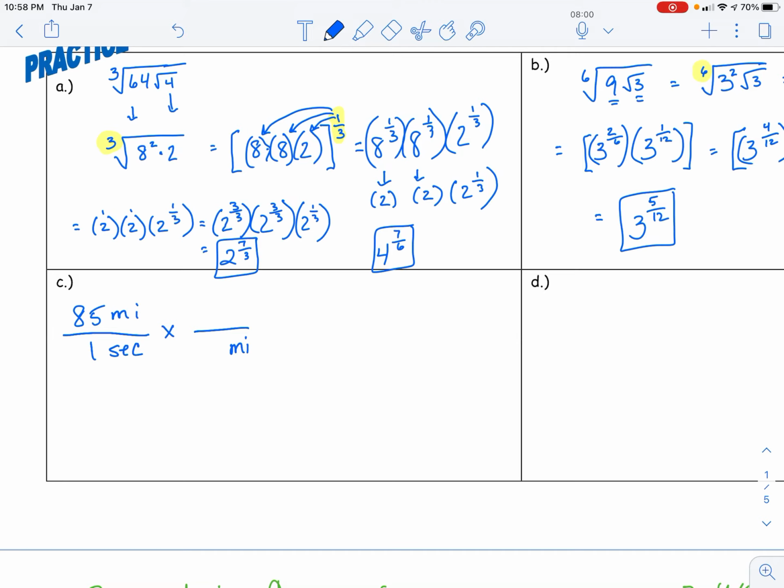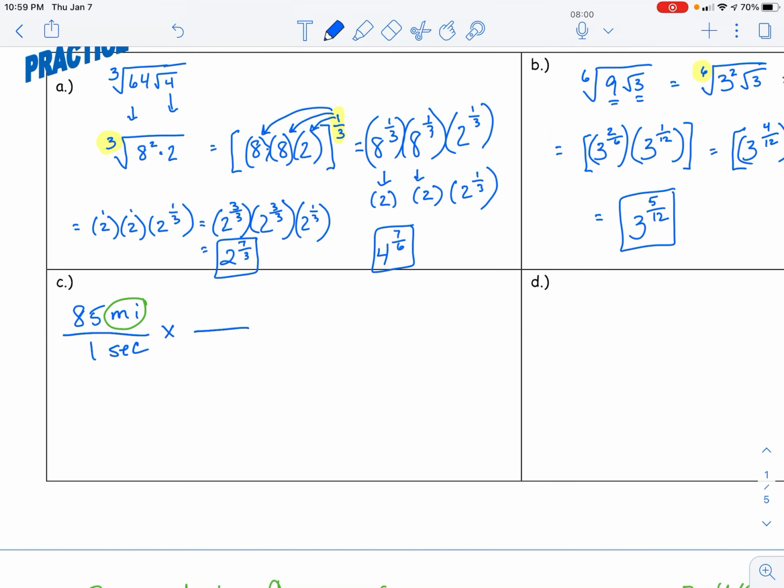So we're going from 85 miles per second to miles per hour. So there's no distance conversion that's needed because we already have miles in the top. So we don't have to worry about distance. Miles is already there. In fact, I'm going to circle it so you can see, because remember, I always circle it when I'm there.